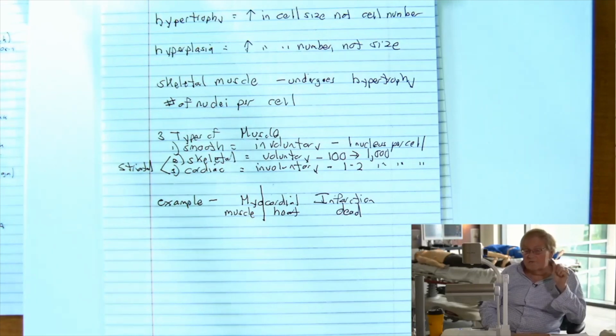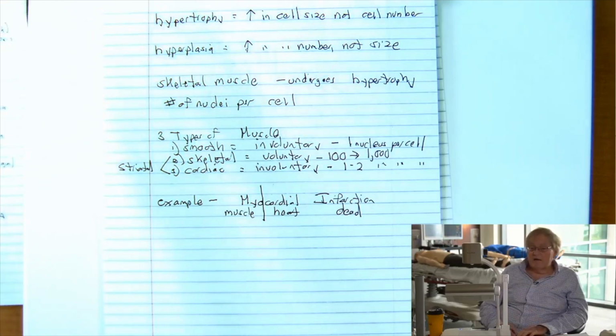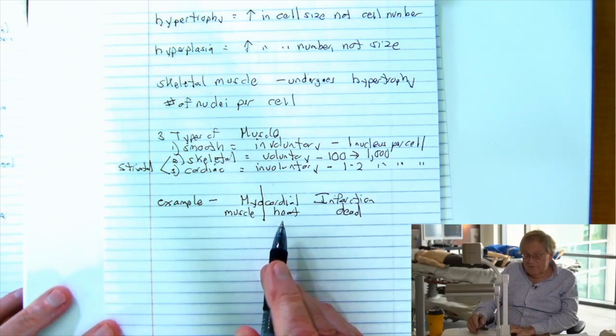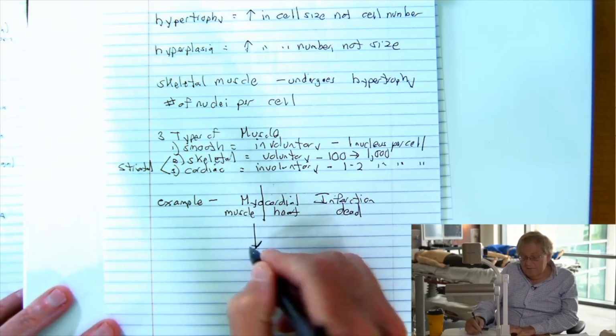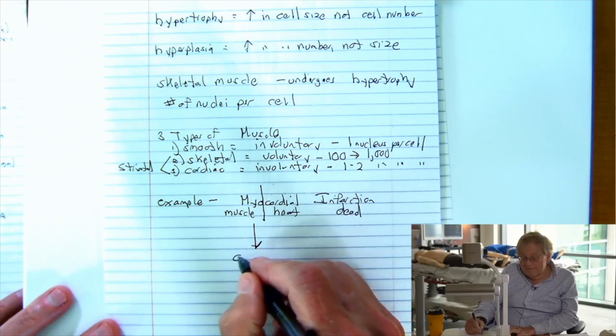What does his heart do? His heart says, this heart has got some dead tissue in its wall. So I think bigger is better, my heart thinks. So when someone has a myocardial infarction, one thing that can happen is they can undergo hyperplasia.